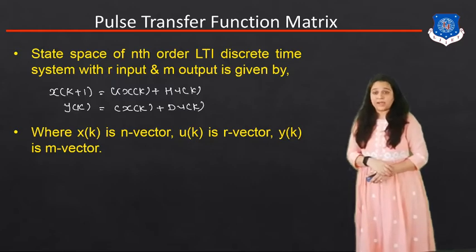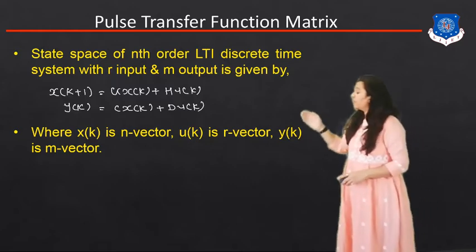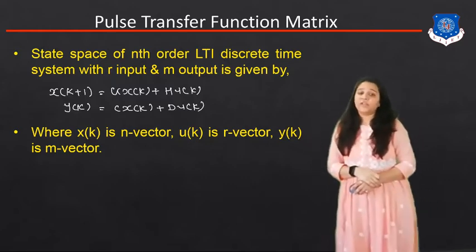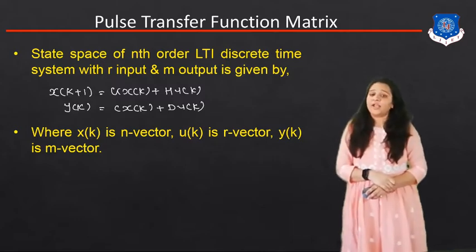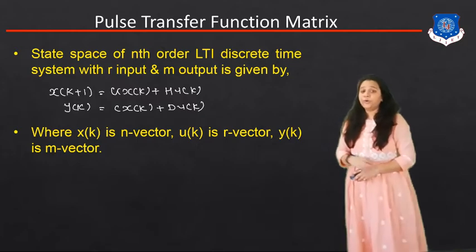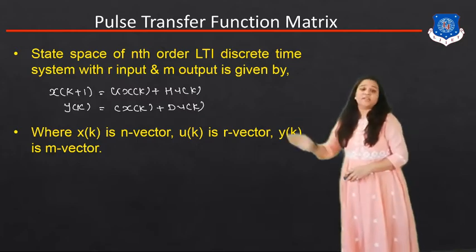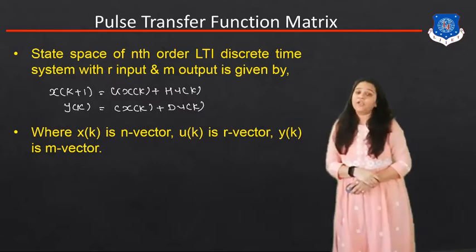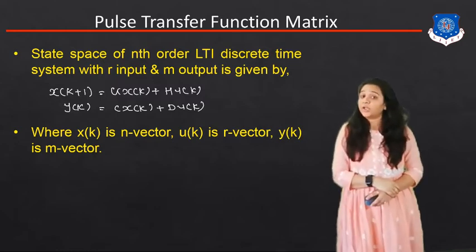Here x(k) is an n vector, u(k) is an r vector, and y(k) is an m vector. As you know, x(k+1) is our state equation and y(k) is our output equation for the discrete time system.